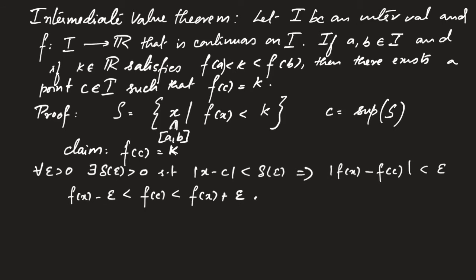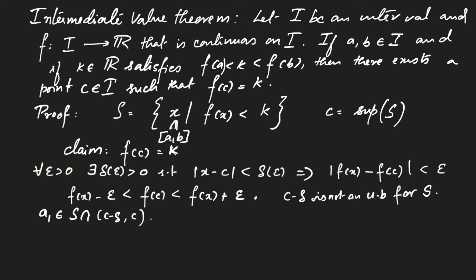Now the next thing you notice is that c minus delta is not an upper bound for S. Why? Because c is the supremum, so any number less than c cannot be an upper bound. Hence there exists some number a1 that belongs to S intersection (c minus delta, c).